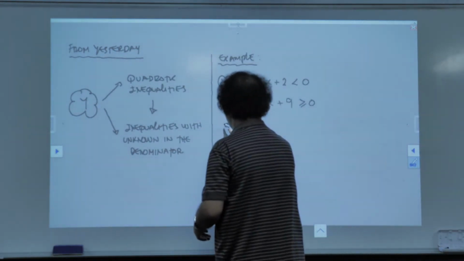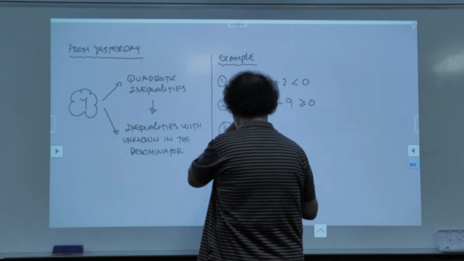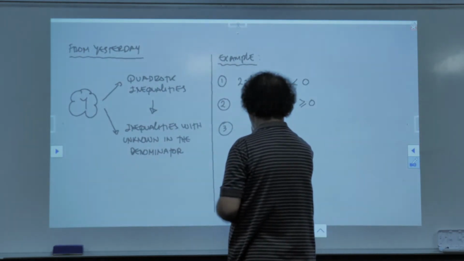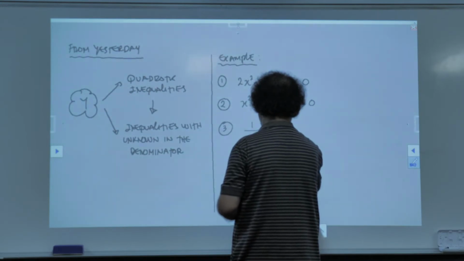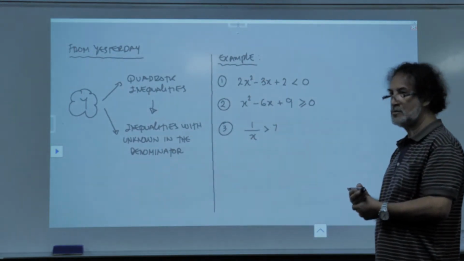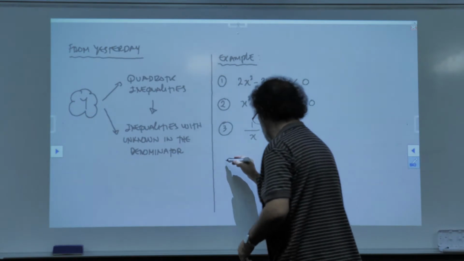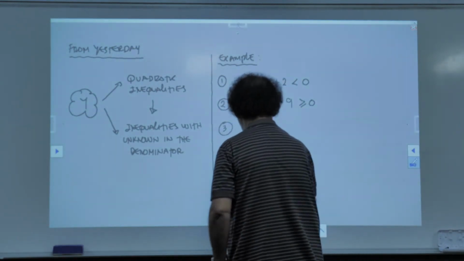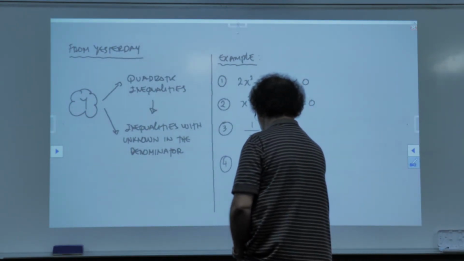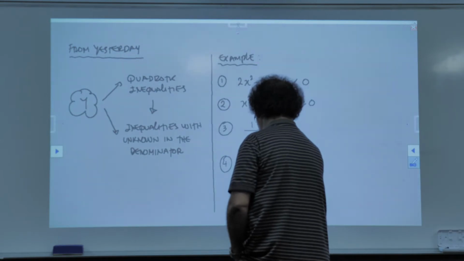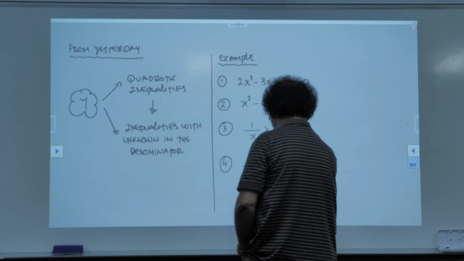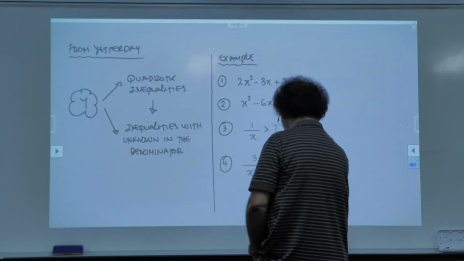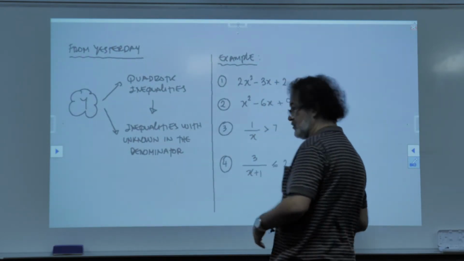And also what we did yesterday was finding the solution for things like this: 1 over x is greater than 7, for example. And we did things like 3 over x plus 1 is less than or equal to, let's say, 2.